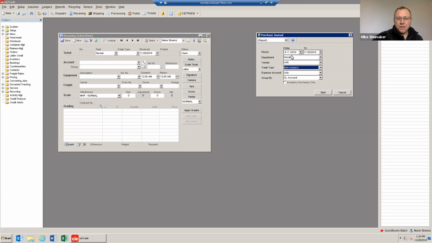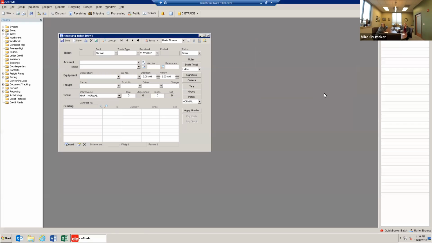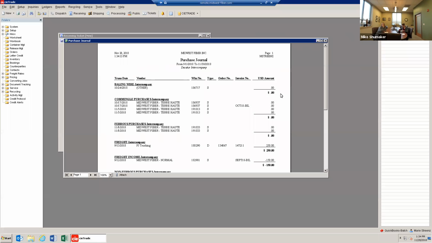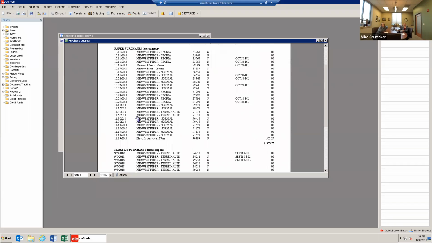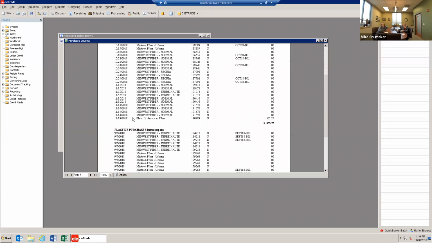I filtered it for a couple of dates, and I chose trade type intercompany, just to start off here. And it just shows stuff from intercompany transactions with Decatur, but when you look here on page 4, you'll see shred it, and there's a price in there.